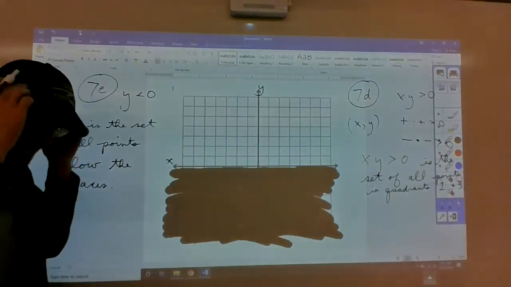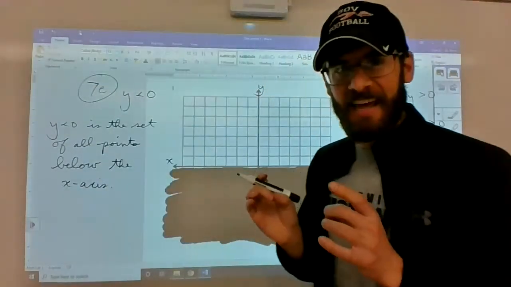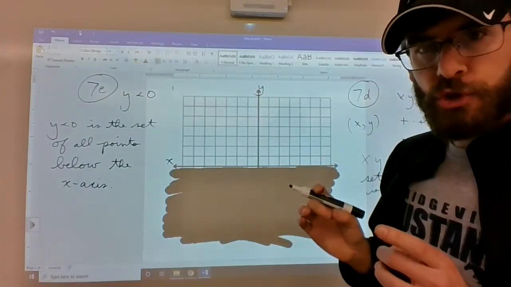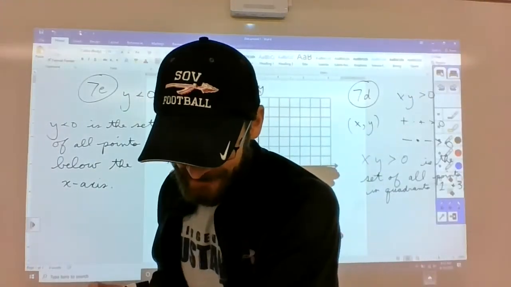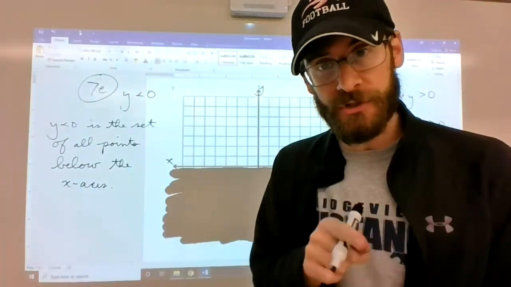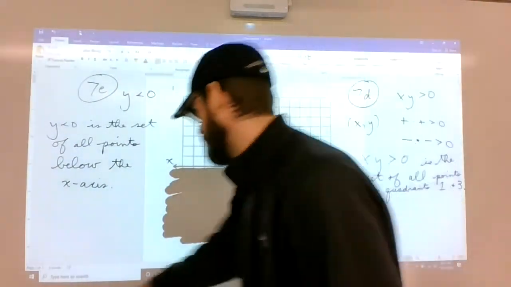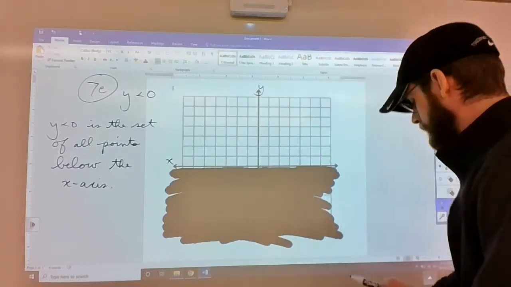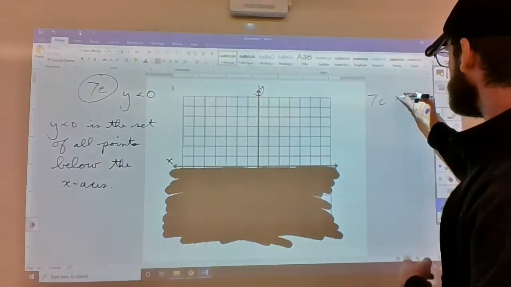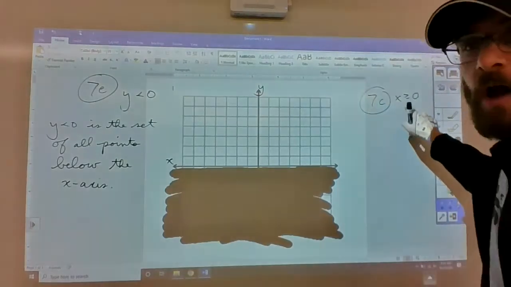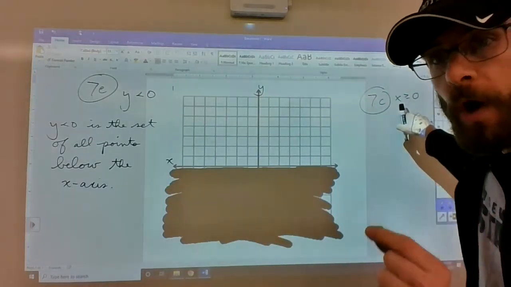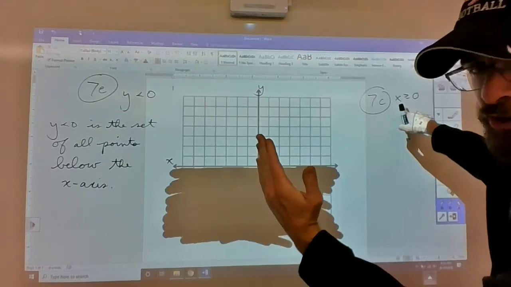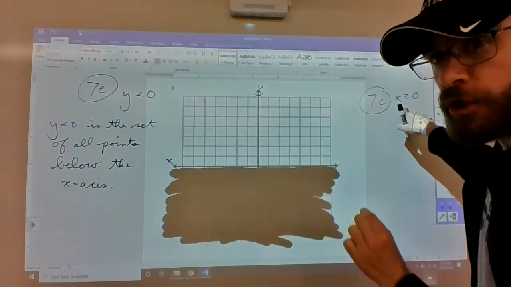And you know what? I just remembered. I think I need to make a slight adjustment now to 7C. Because 7C had an equal to, right? 7C had x is greater than or equal to 0, I should have said including the y-axis. Everything to the right of the y-axis and including the y-axis.